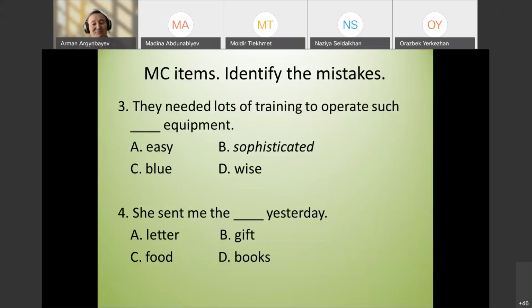All right. Next one. They needed lots of training to operate such sophisticated equipment. What seems to be wrong with this one? Level. Exactly, different level. Sophisticated is a difficult word, but why are the others so easy? Good. Length, well, length might be.